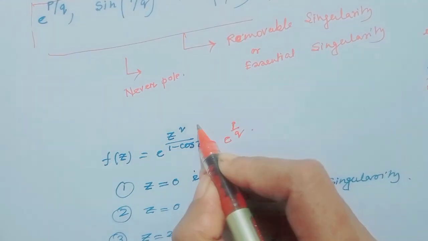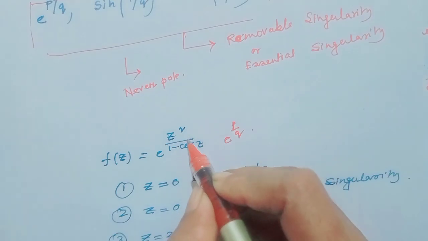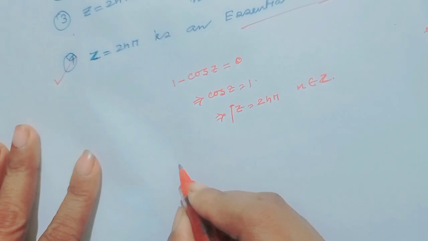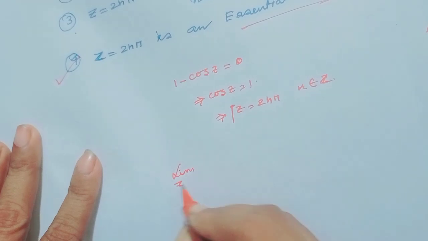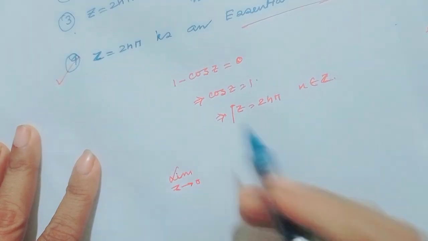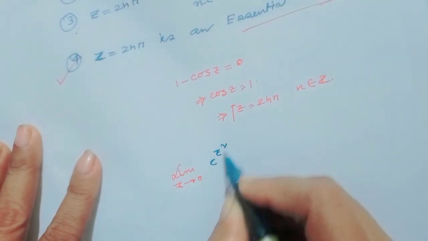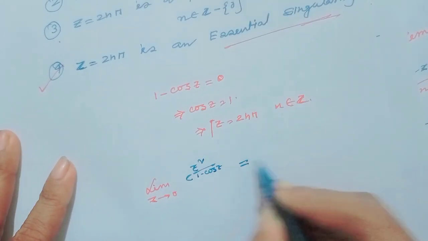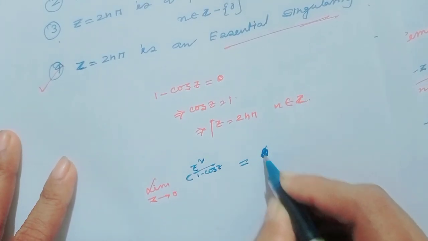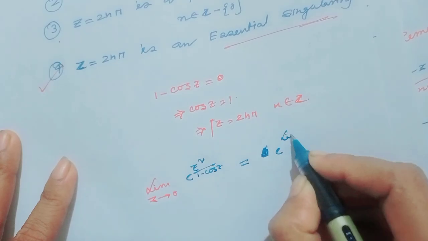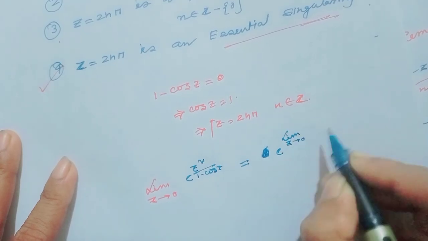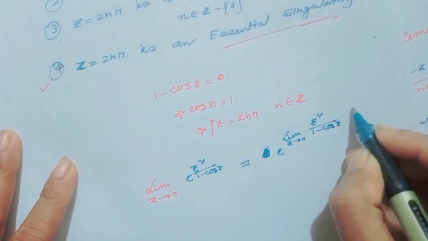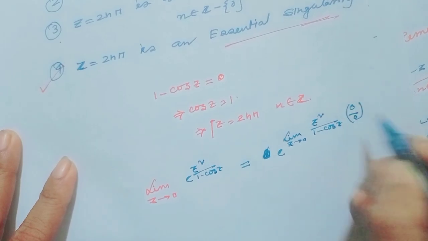And notice here e to the power z square over 1 minus cos z. Limit z tends to 0 of e to the power z square over 1 minus cos z, we can write this as e to the power limit z tends to 0 of z square over 1 minus cos z, and this is 0 by 0 form.